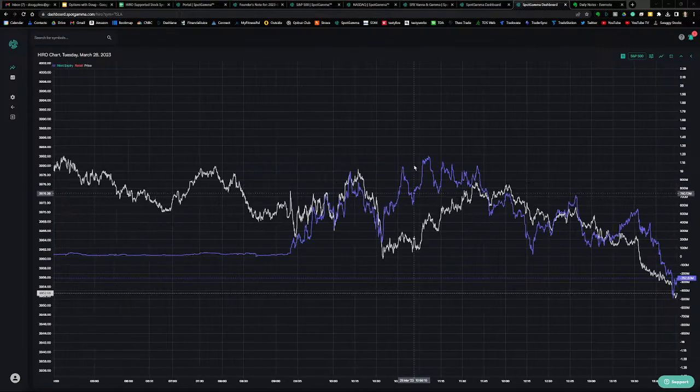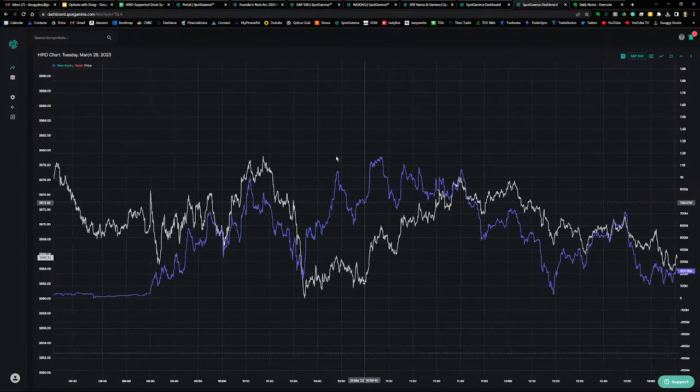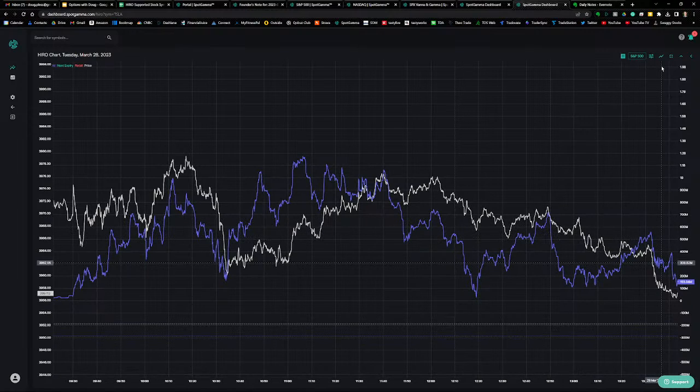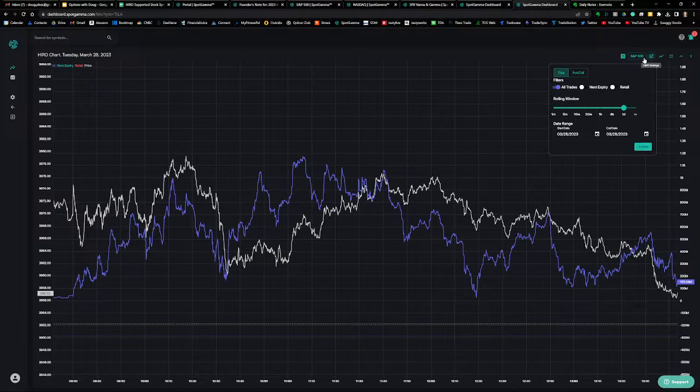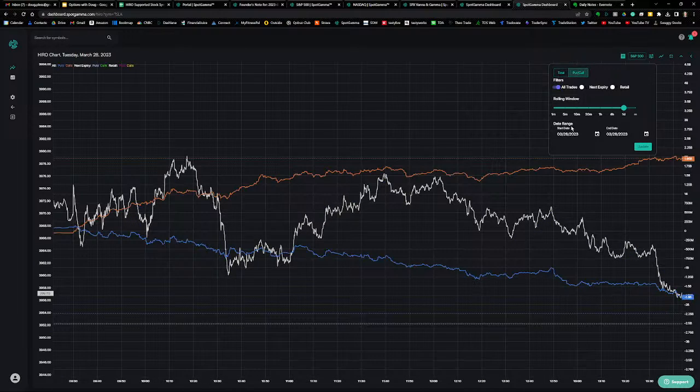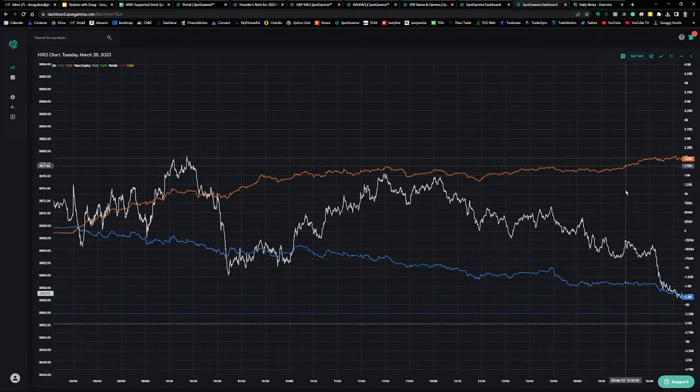All right, let's take a breakdown look at the calls and puts. And this is pretty typical of the S&P 500. Traders are buying calls, that's shown by the rising orange line, and they are also buying puts.